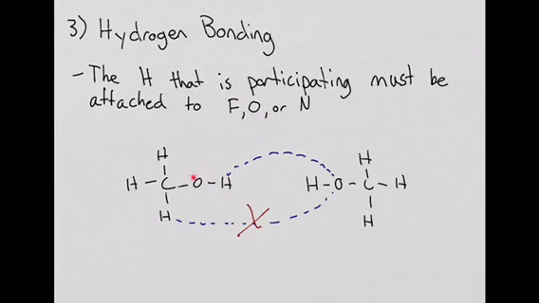This hydrogen is attached to oxygen, and also one of these must be capturing the hydrogen as well. So this right here, it is a hydrogen bond. And to finally test you, is this a hydrogen bond? And the answer to that is yes. It's the same exact one we're just looking at, but just inversed.